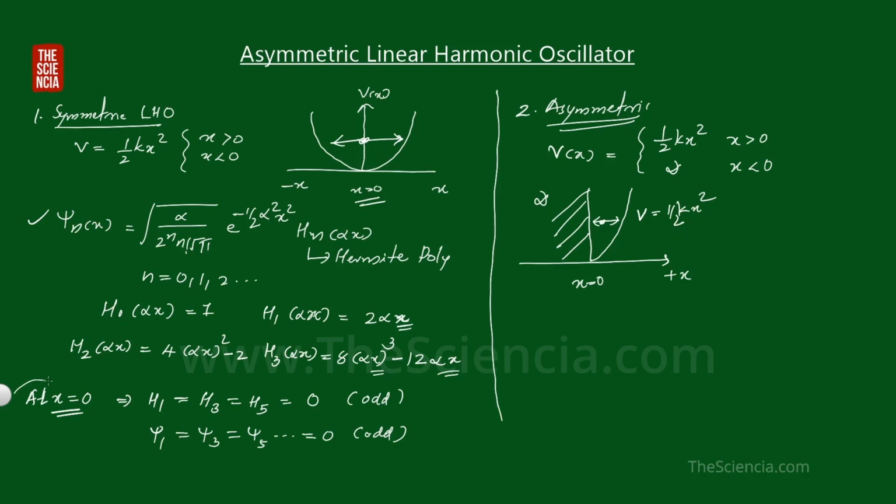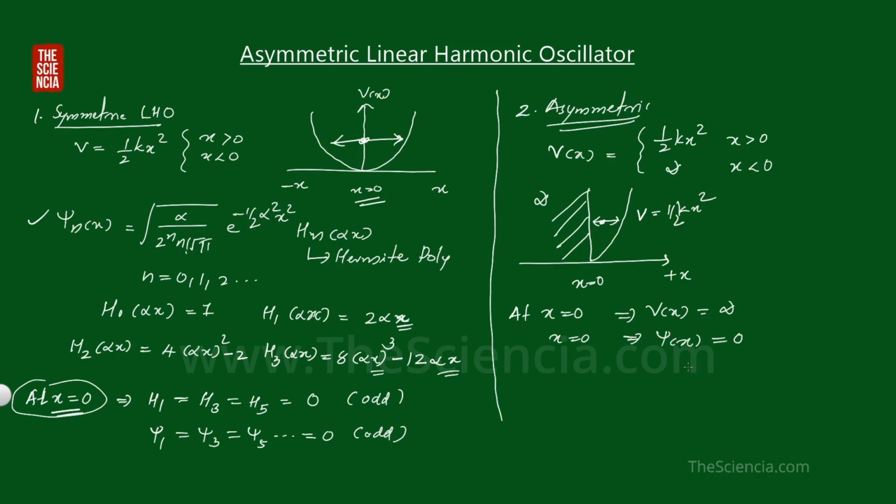Similar to this one, at x equal to 0 the potential V of x is equal to infinity. That means at x equal to 0, the wave function psi of x must be equal to 0.